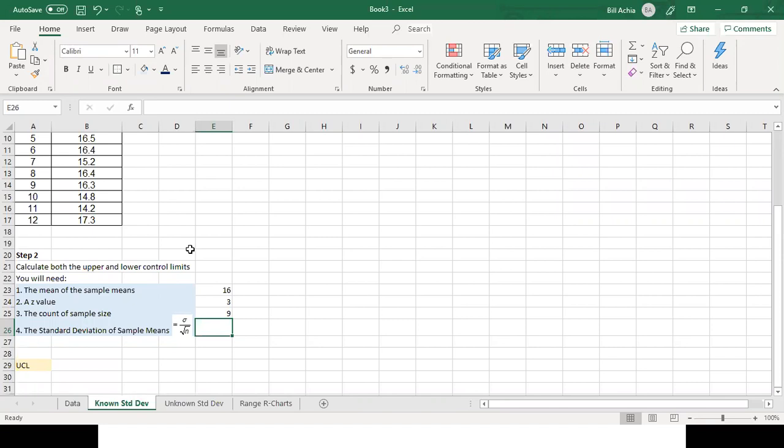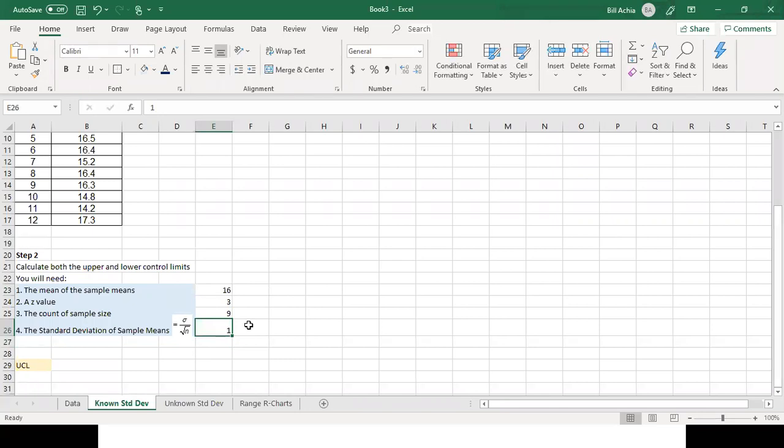I believe the textbook gave it as 1, meaning that on average, the dispersion around this mean is approximately 1 unit, 1 pound, sorry. And that's the standard deviation of the population.